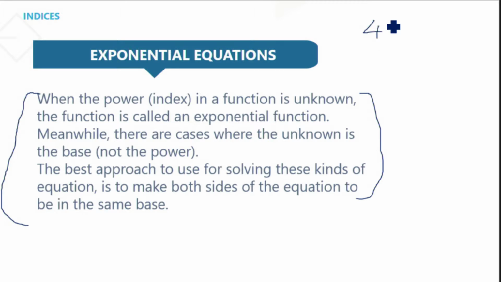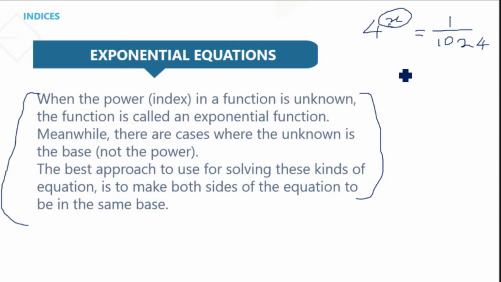All right, so let's look at this question. 4 raised to the power x is equal to 1 over 1024. Let's read this definition again. When the power or index in a function is unknown, as you can see, the power here is unknown, and this is an equation. You can see the equal to sign. It is called an exponential function or equation.